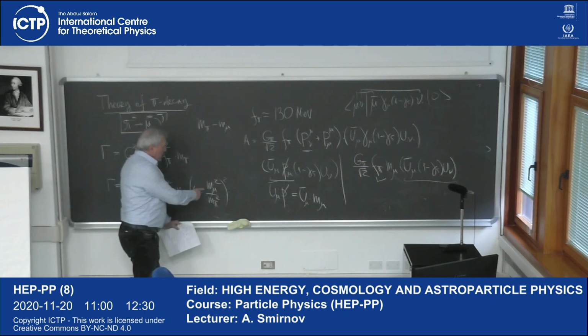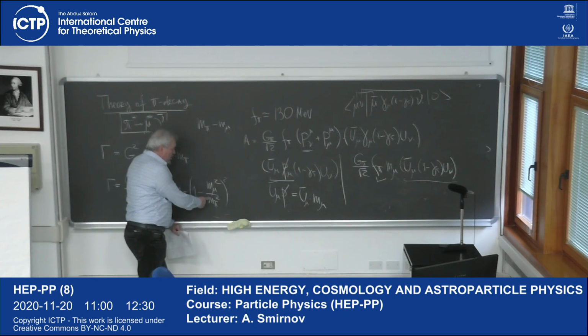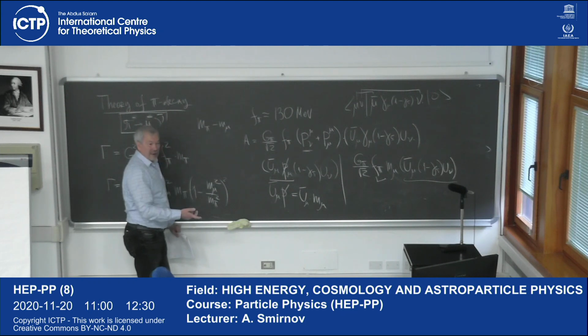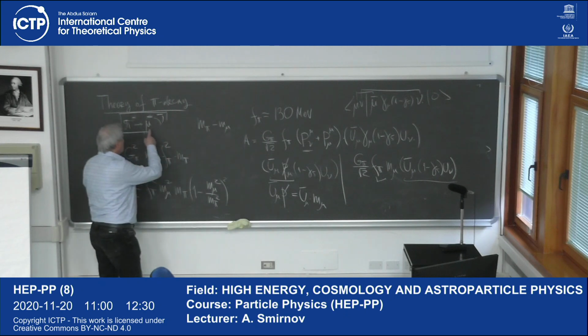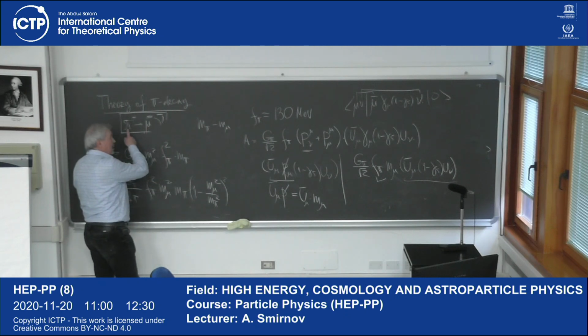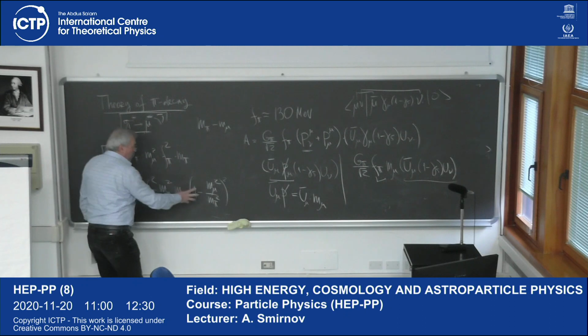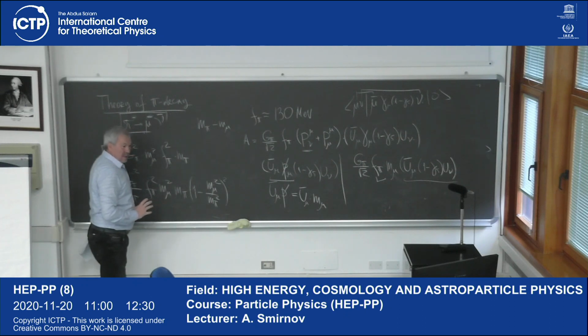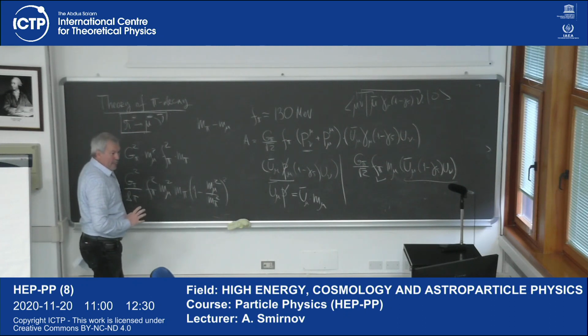Also, if the muon mass approaches the mass of the pion, it should be zero, right? Because decay cannot occur if the mass of this particle equals the mass of this one. So this type of expression appearance is quite clear.